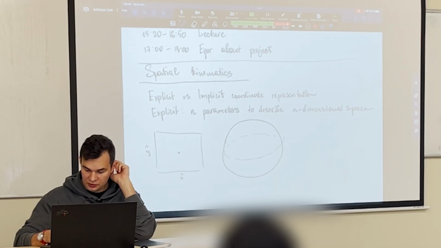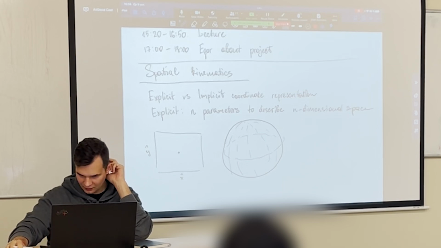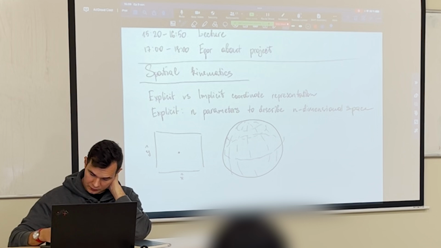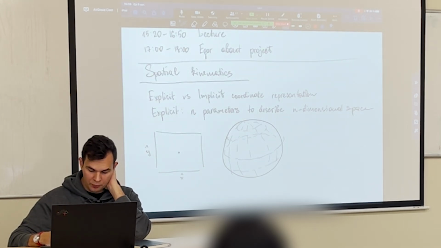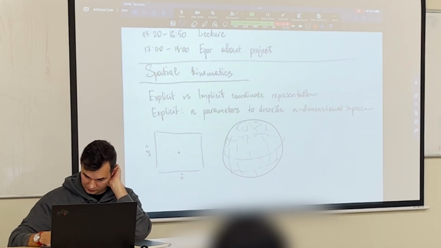In order to describe a position on this sphere, how many coordinates do you need? 2, right.